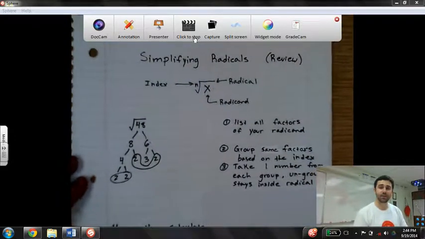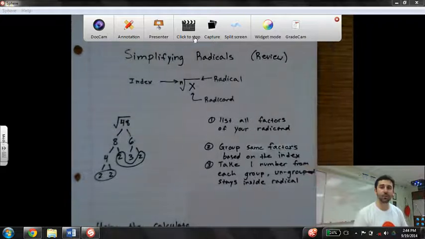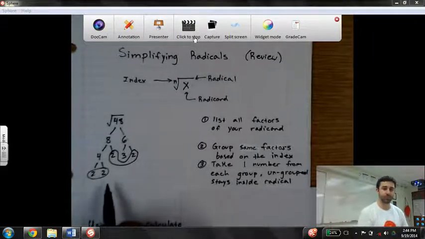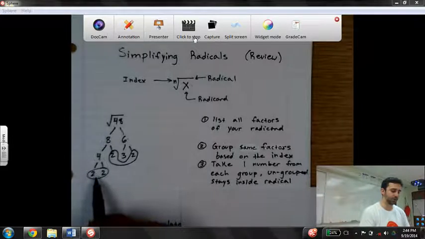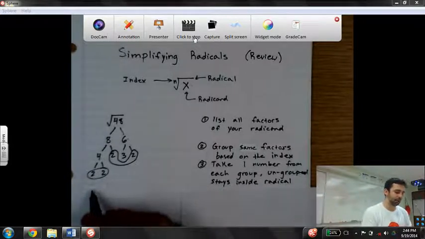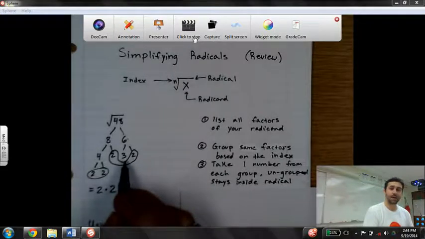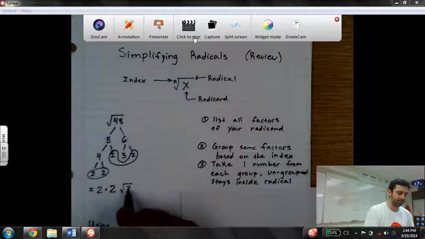Then I'm going to take one number from each group, and the ungrouped stays inside the radical. So in this one group, I'm going to pull out a 2, and in this group, I'm going to pull out another 2, and then this 3 is left inside my radical.